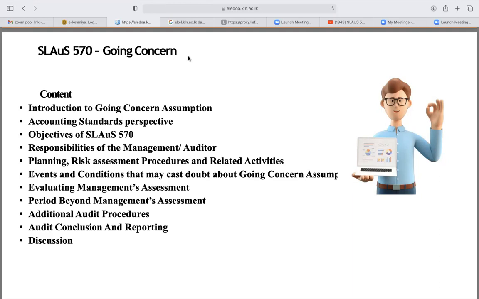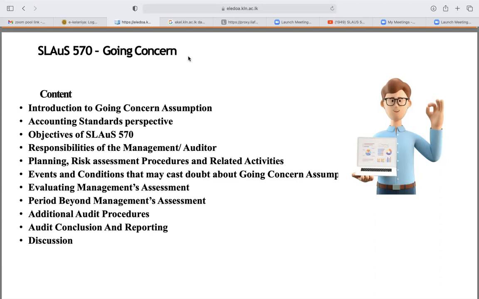Then the additional audit procedures we need to do when there are going concern issues, and ultimately we need to report, or conclude our audit report based on the going concern, right? These are the facts we are going to talk about in this standard.